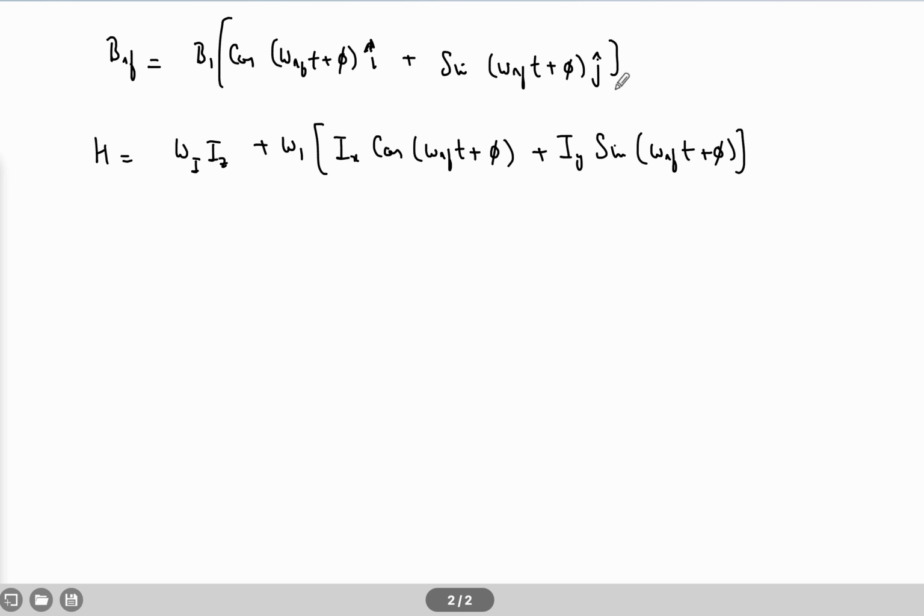So if you remember, the B1 field is applied such that the magnitude is actually 2B1, which is a linearly oscillating field, which is then assumed to be a clockwise rotating and an anti-clockwise rotating component, and one of the components will be the resonant component, the other will be the non-resonant component, and here we have considered one component.